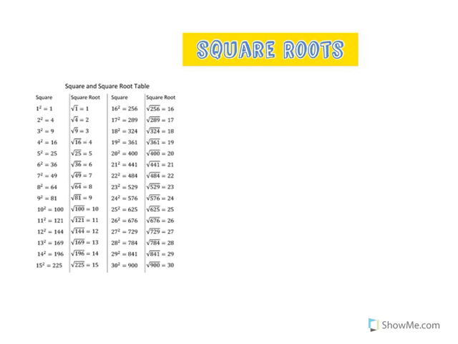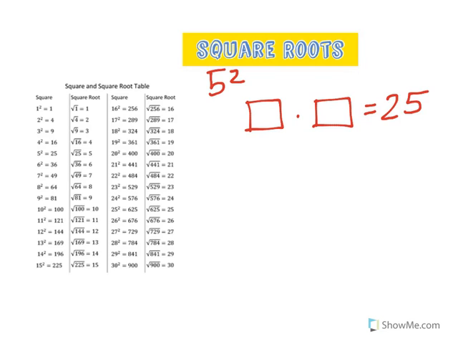Alright, we also learned about square roots and perfect cube roots. So a square root is a number multiplied by itself. Okay, for instance, it would be like if I wanted to know 5 squared, that would be a number, 5, multiplied by itself 5 times, and you get 25.